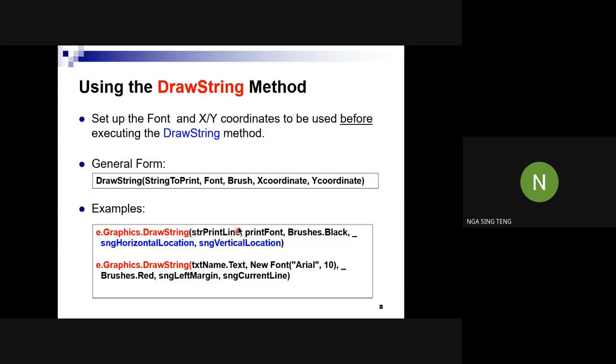So what's the text here? You can collect it, which means you initialize some content or value for this variable, or you can just get the text from a text box maybe. If you use this way, you must have something already set for this print form.